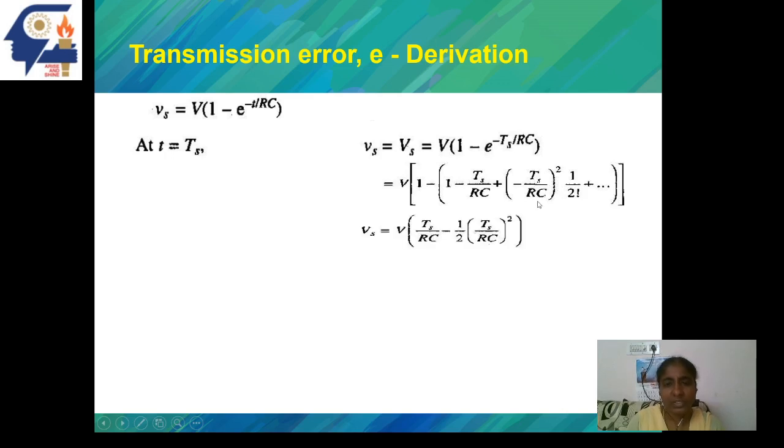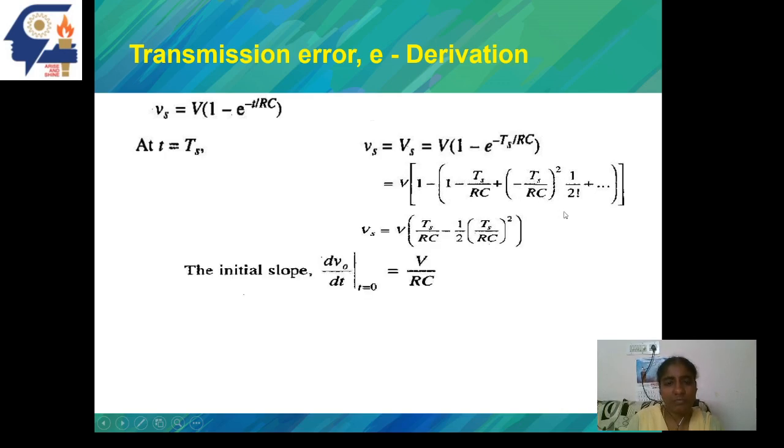If third order and higher order terms are neglected and first order and second order terms are maintained, then on simplification 1 minus 1 gets cancelled, plus Ts by Rc, and then minus into plus becomes minus, minus Ts by Rc whole square into 1 by 2 factorial, which is 2.